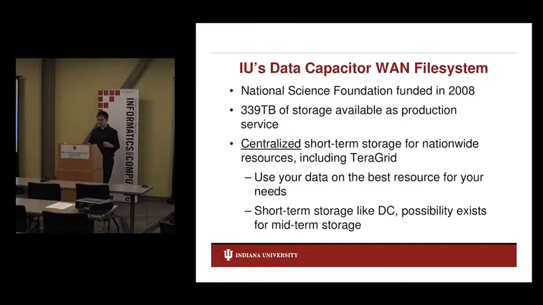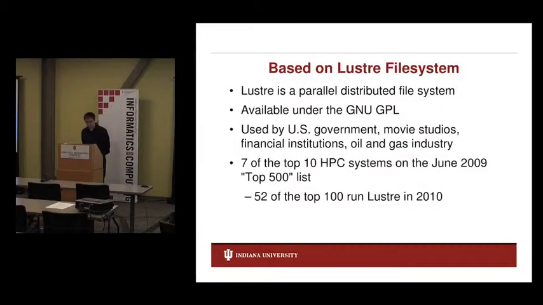So DC and DC-WAN are both based on Lustre. Rob talked a little bit about it. I didn't know he was going to, otherwise I might not have included so much information about Lustre in my slides, but it's a parallel distributed file system available under the GPL, not only used by university HPC resource providers.